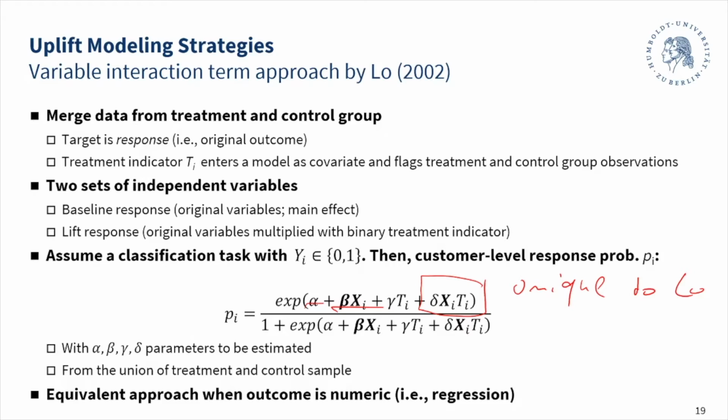I have my single model, which takes data X and T. In the case of LO, I also have X times T, but if I have X and I have T, I can calculate X times T easily.